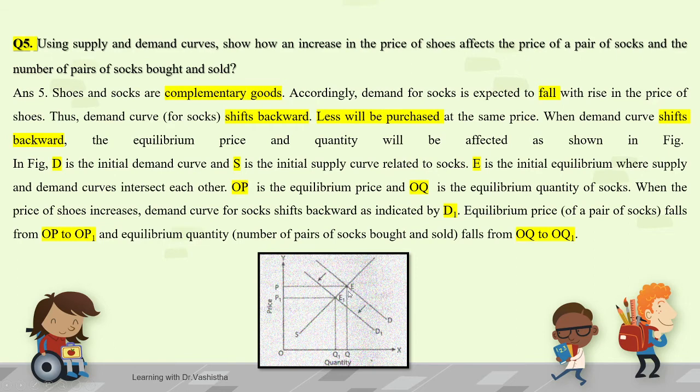OP is the equilibrium price and OQ is the equilibrium quantity of socks. Now when the price of shoes increases, the demand curve for socks will shift backwards because they are complementary goods. That is indicated by D1. The equilibrium price of a pair of socks falls from OP to OP1, and simultaneously the equilibrium quantity, the number of pairs of socks bought and sold, will fall from OQ to OQ1.